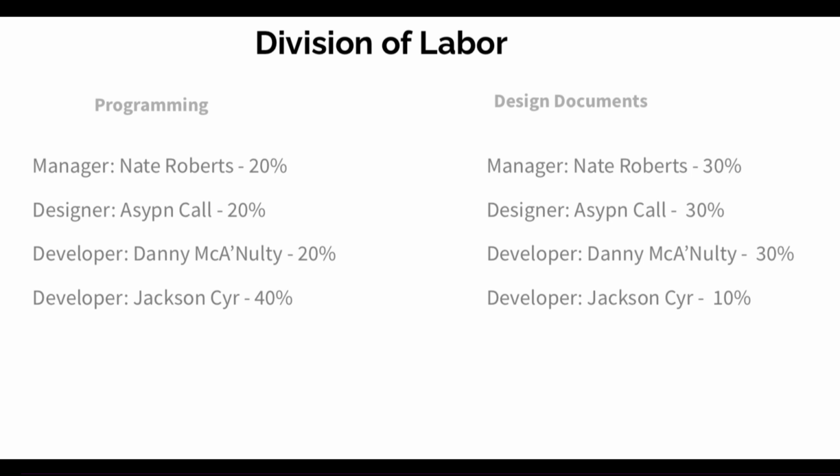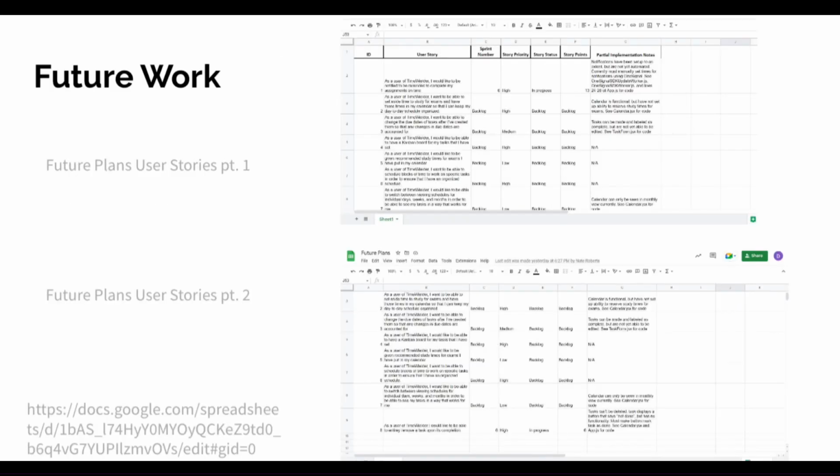Danny set up the notifications, and then I did the calendar and database stuff, which is approximately 40%. And then the other three team members split the design documents pretty evenly, and I was much less involved on those, mostly helping editing and that sort of thing.